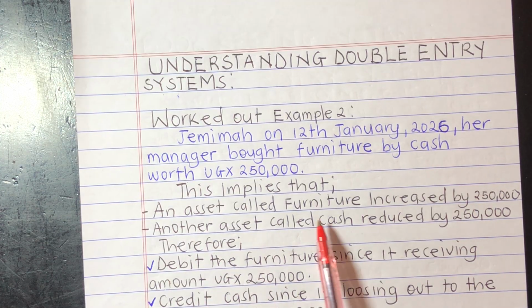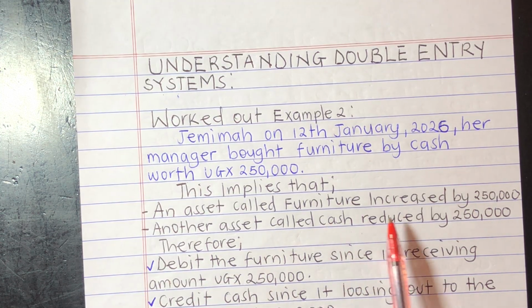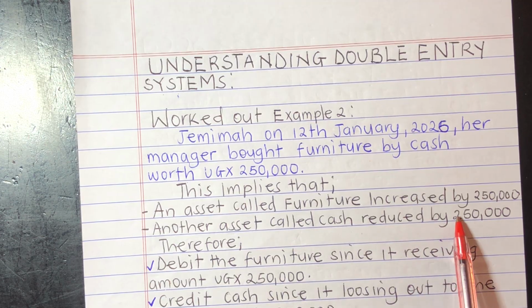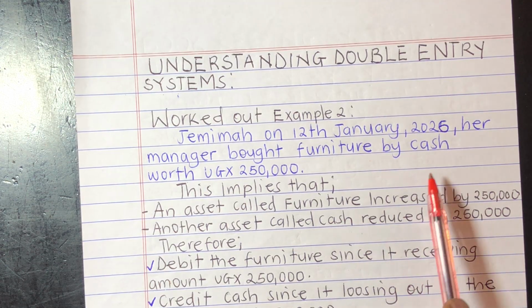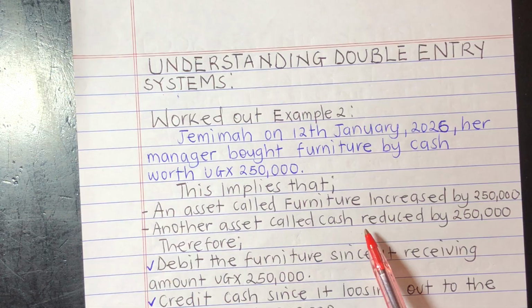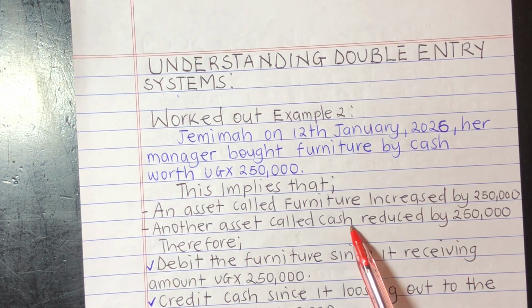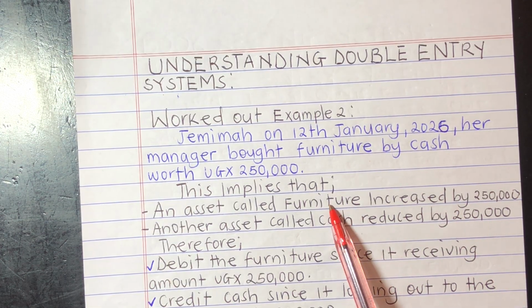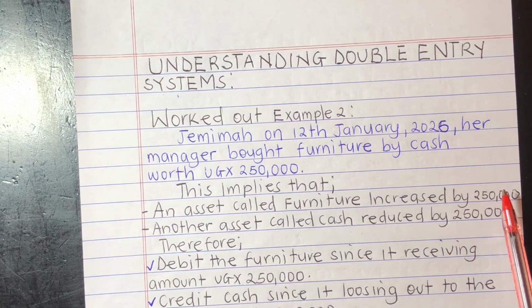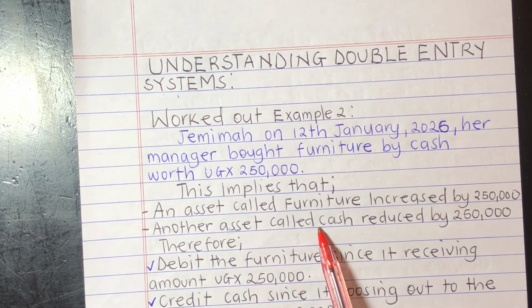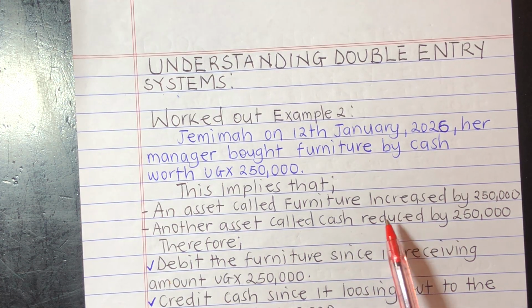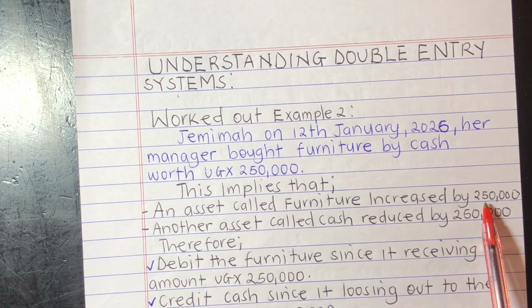Then we had cash, which is also an asset, reducing by 250,000. Because if you go and buy furniture, you give in the cash and they give you the furniture. So furniture is increasing by 250,000, but the cash is reducing, and it is an asset, and if an asset reduces, we credit it.